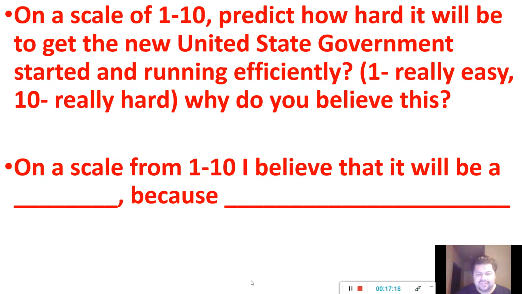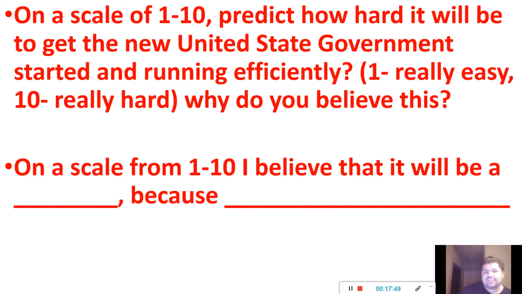So here's your next question. On a scale of 1 to 10, predict how hard it will be to get the new United States government started and running efficiently. That's the key word, efficiently. If you don't know what that means, efficiently means for something to go well. You know, yeah, it might have a little hiccup here and there, but it's going to work. So 1 represents, hey, it's going to be easy, a walk in the park.